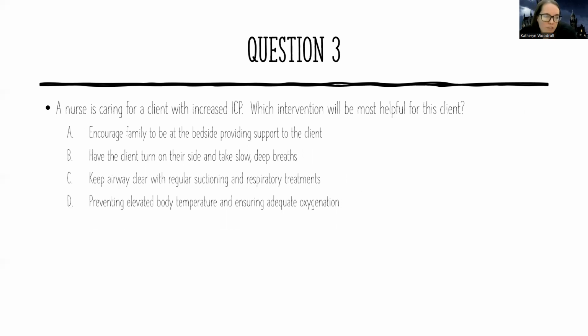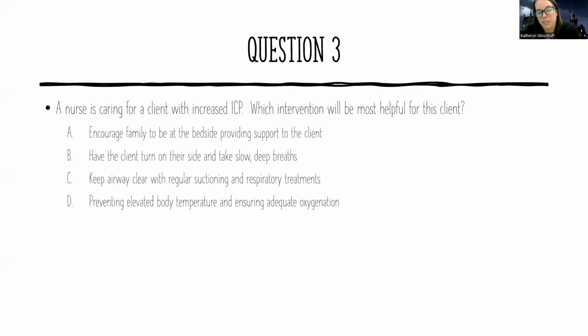So A is encourage family to be at the bedside providing support to the client. Now, doesn't that just sound so therapeutic? However, for neuro patients, a lot of stimulation, a lot of noise, stuff like that is not helpful. So I don't think this is going to be the best answer. B is have the client turn on their side and take slow, deep breaths.